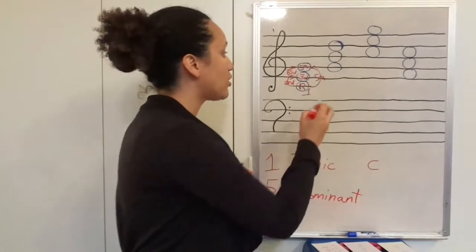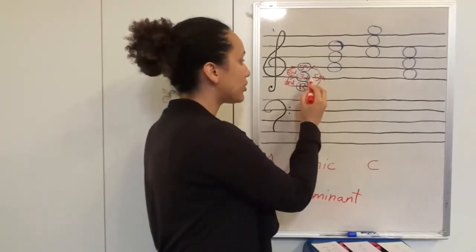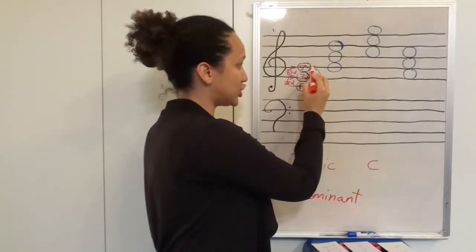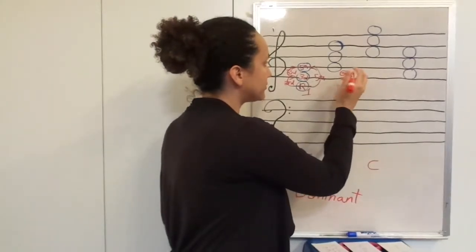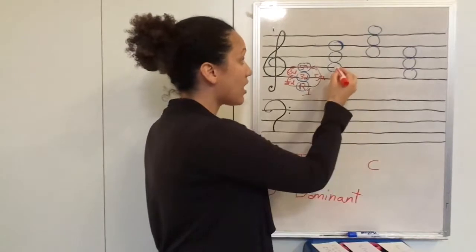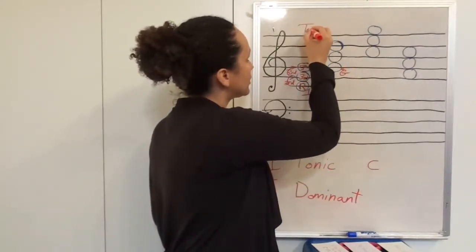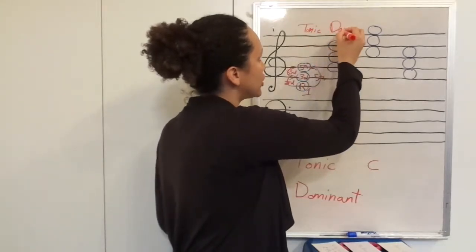And if you go to a fifth above the root, so 1, 2, 3, there's our third, 4, 5, there's our fifth, that's the G. So the G chord, there's our G chord, becomes the dominant. So there's our tonic, I'm going to put tonic, and this becomes our dominant. I'm just going to put dom.